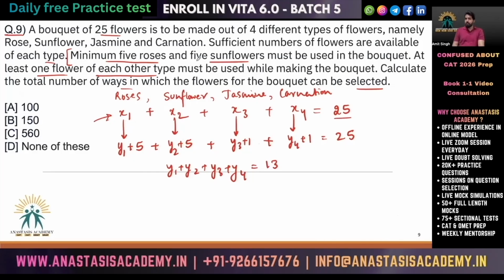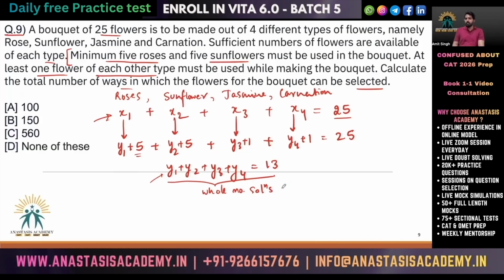Because I need minimum 5 roses. So if y1 is 0, the number of roses would be 0 plus 5, which is minimum 5, right? So for this equation, I need to find the whole number solutions.